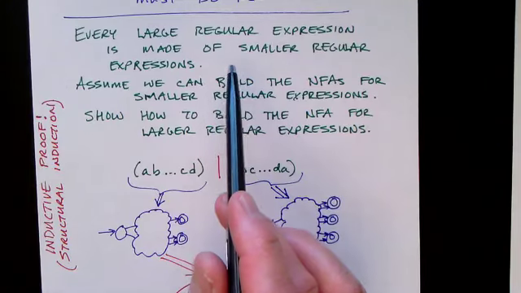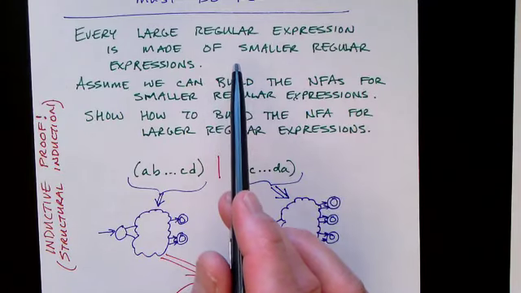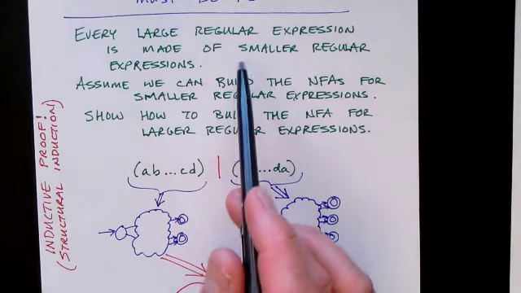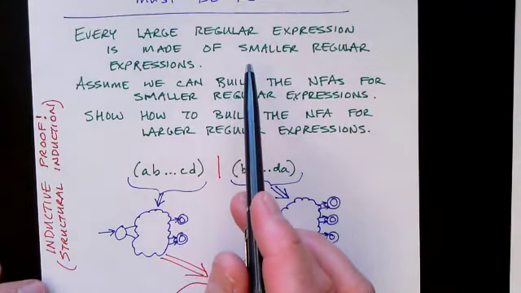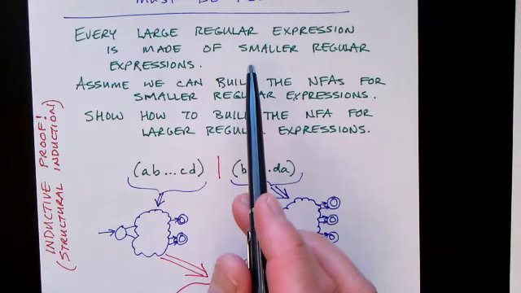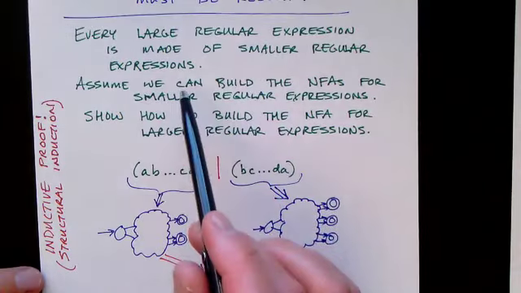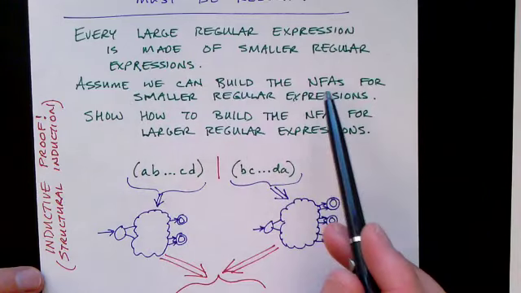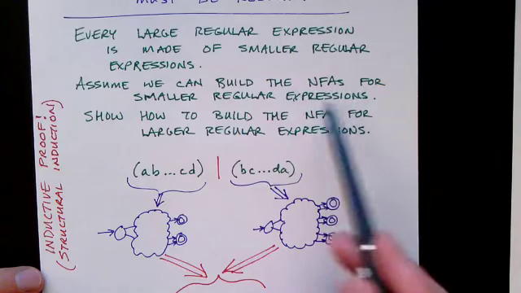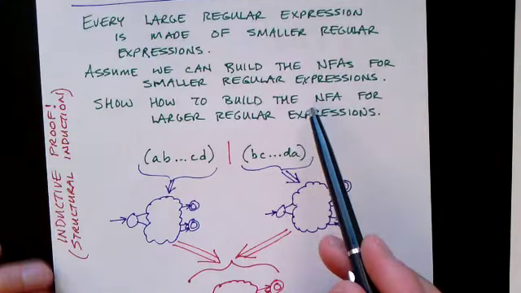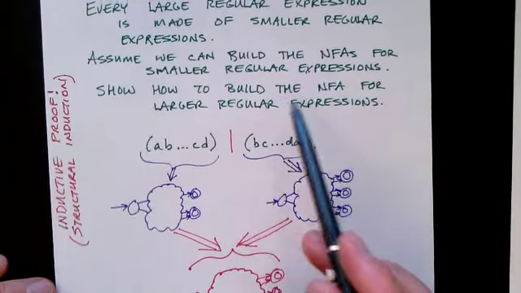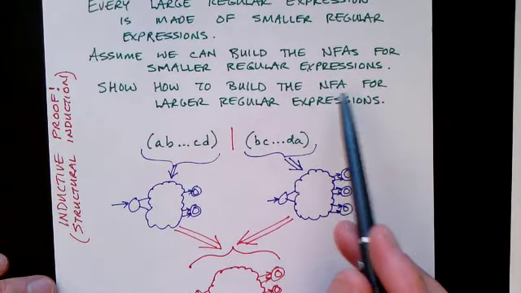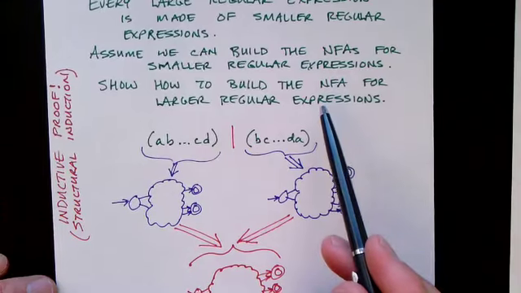In the case of concatenation or union, there are two smaller regular expressions joined by the outermost operation. If the outermost operation is a star, then it operates on a slightly smaller regular expression. So we assume that we can build the non-deterministic finite state automata for the smaller regular expressions, and then we just show how to build the non-deterministic finite state automaton for the larger regular expressions.